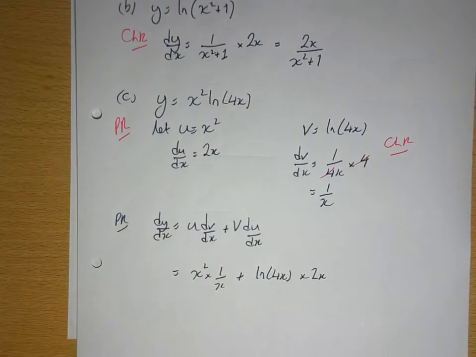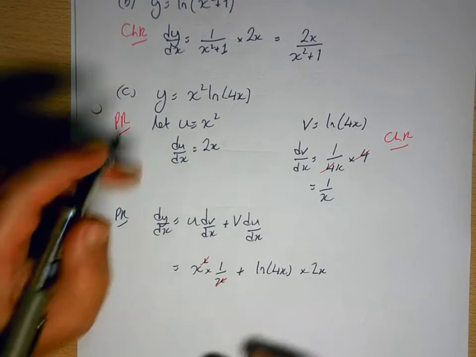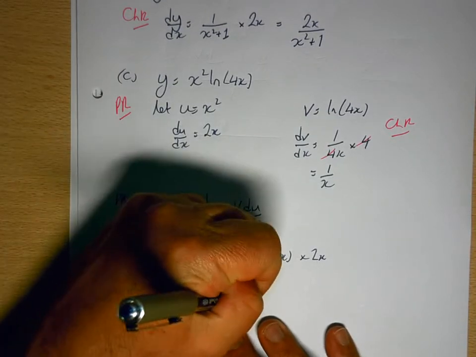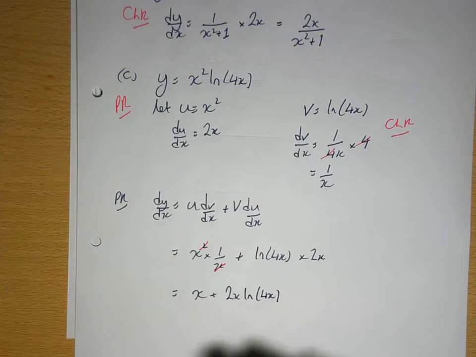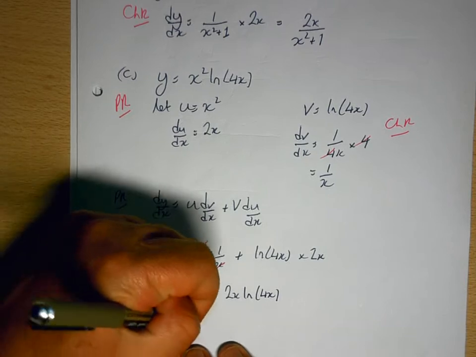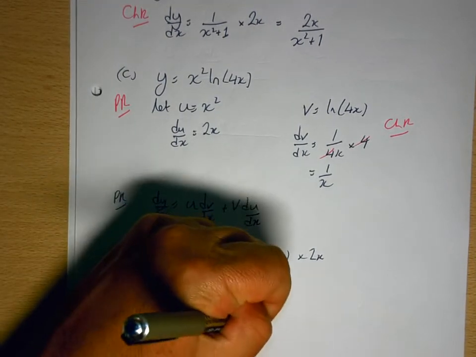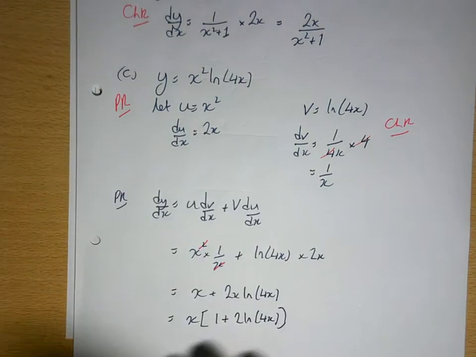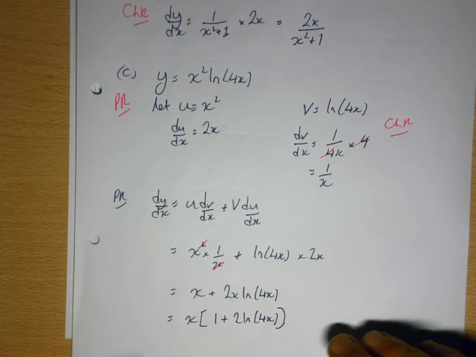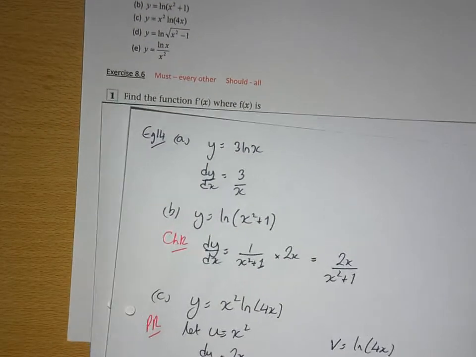Ooh, nearly dropped off the screen there. So the x's will cancel, and you've got x plus 2x natural log of 4x. Take an x as a common factor, 1 plus 2 ln of 4x. So that's C, and then D is a nice one.